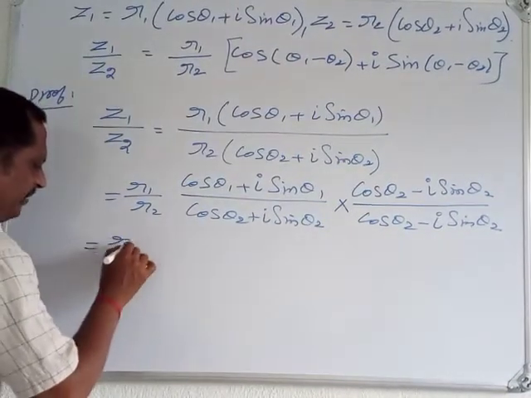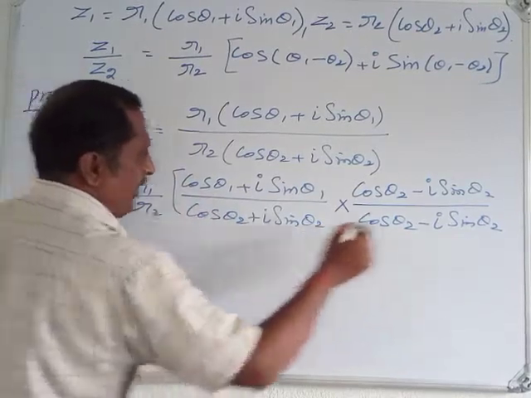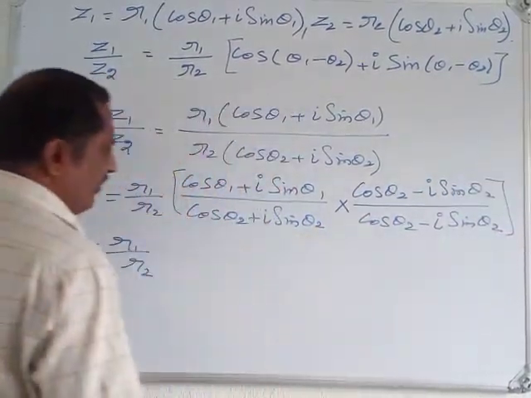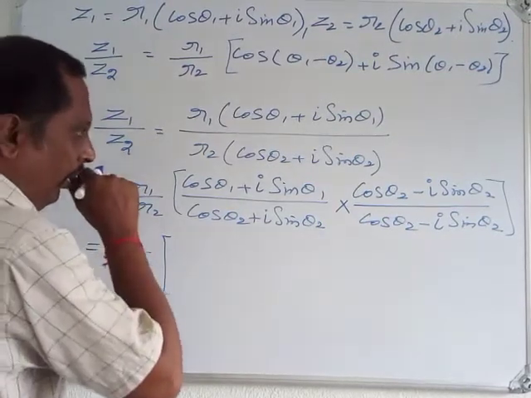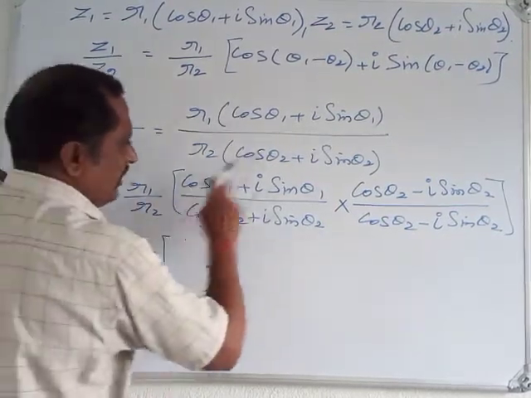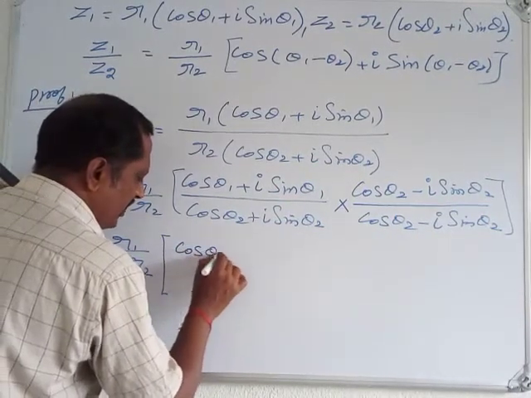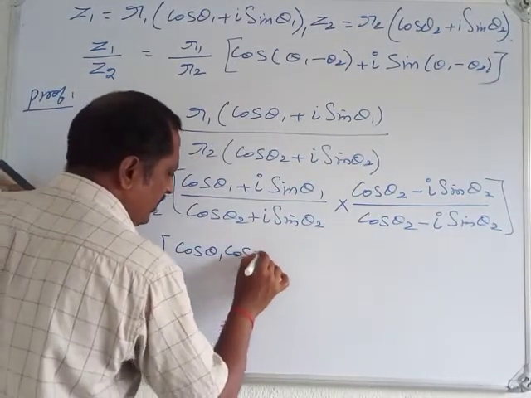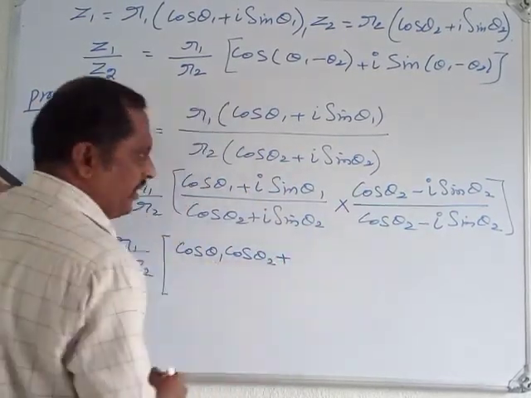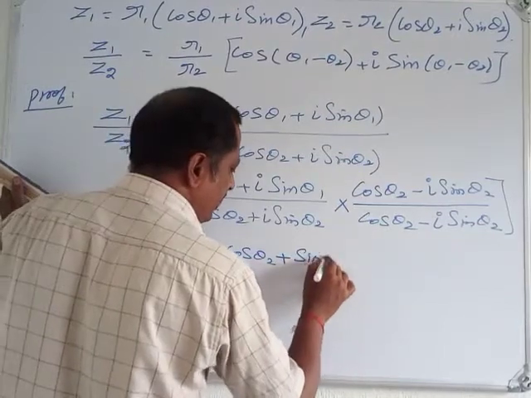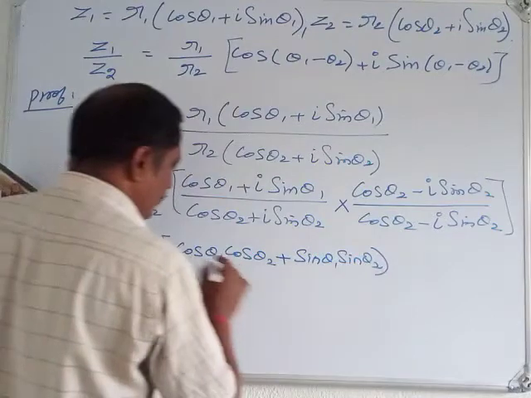So after multiplication, r1 divided by r2, you know the previous format. The real part is cos θ1 cos θ2, the signs are different, so plus sin θ1 sin θ2. So the real part is over.